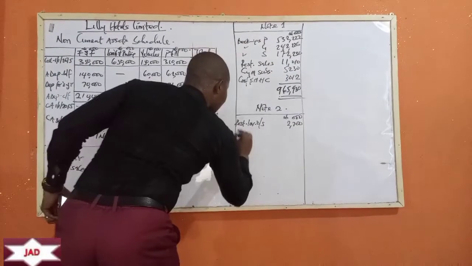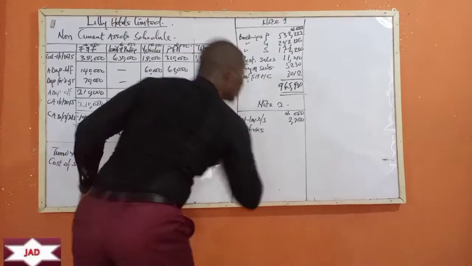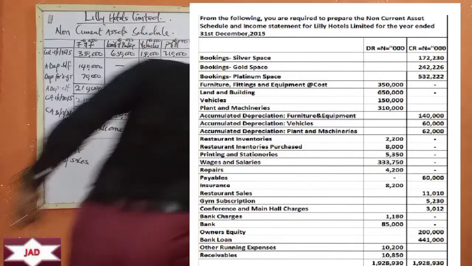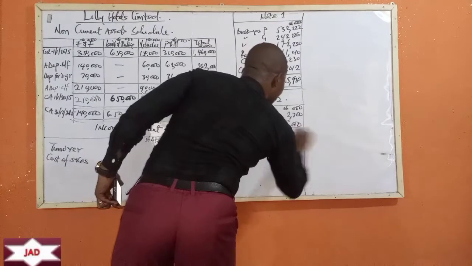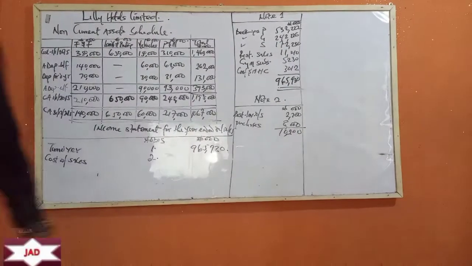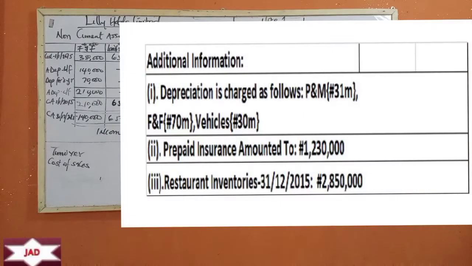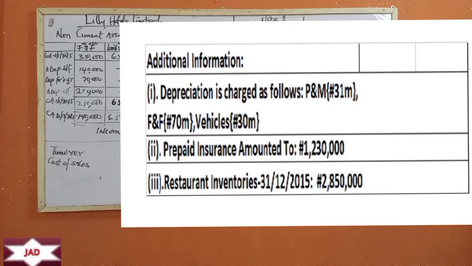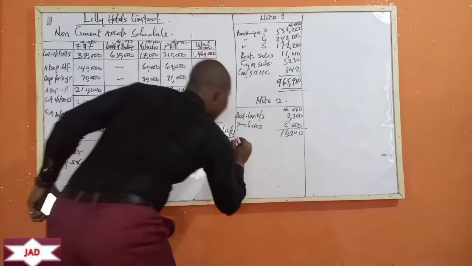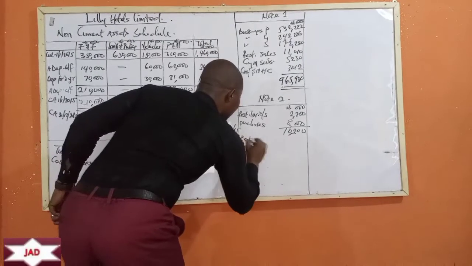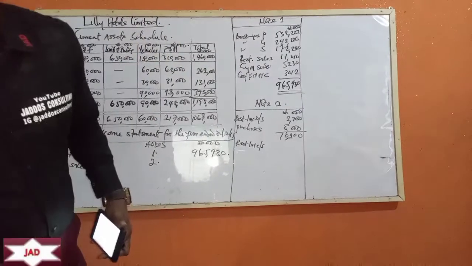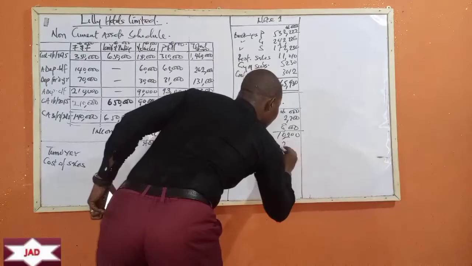So you add purchases. I can see restaurant inventory purchase, 8 million. So we add that. That's 10,200,000. So what else do we have there? Closing stock there, restaurant inventories, 2,850,000.